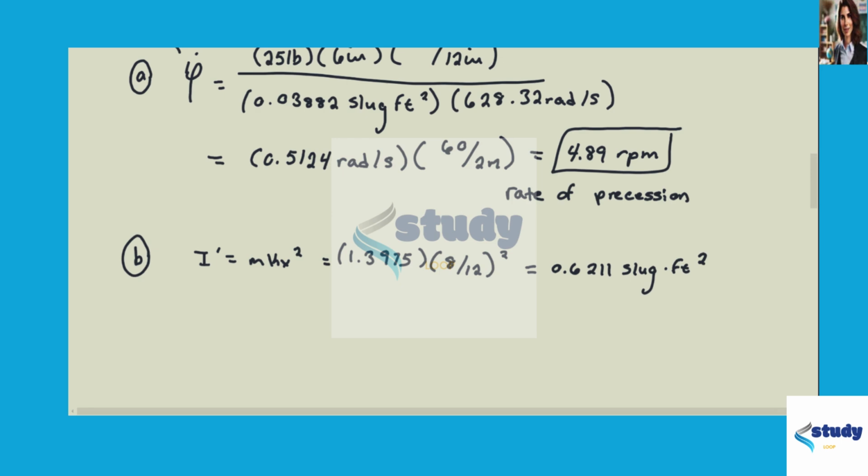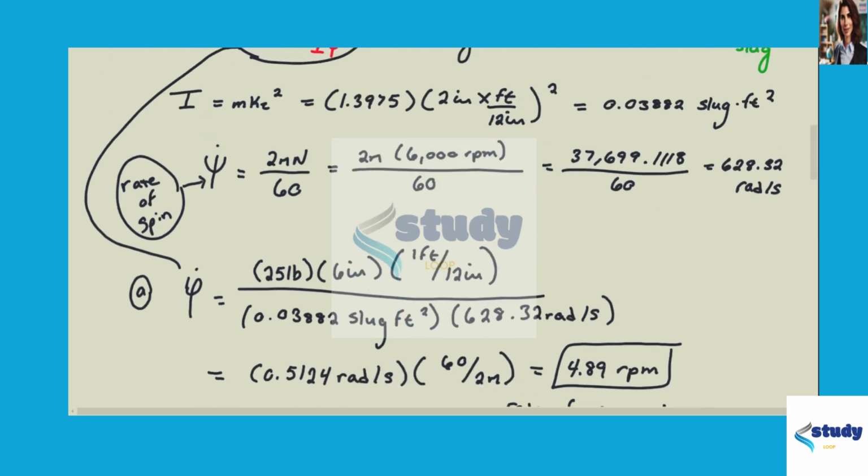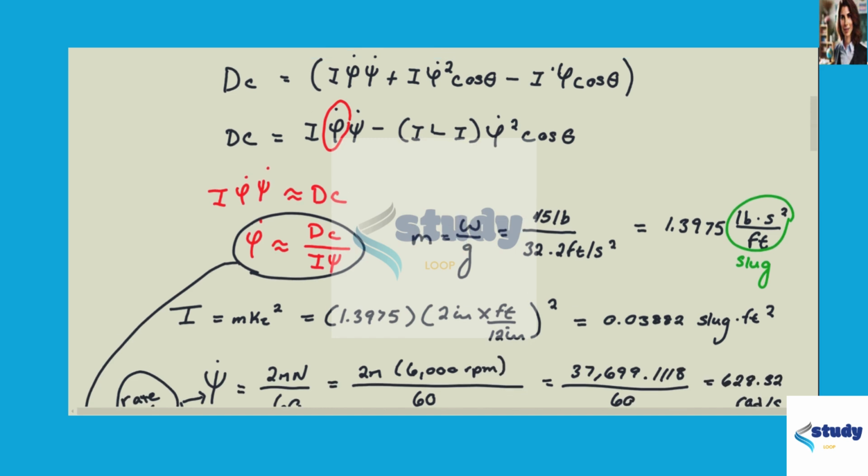And now what we're going to do is plug this whole thing into our equation that we had up above. So we're going to plug it into this one right here. Okay, I'll give you a second to copy that down.